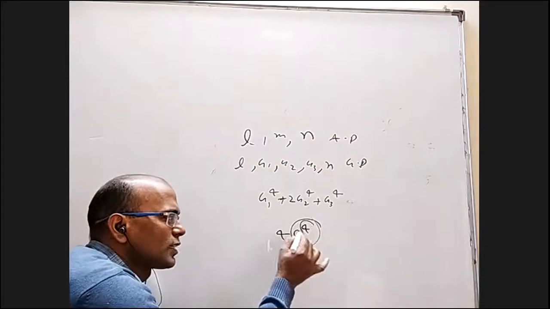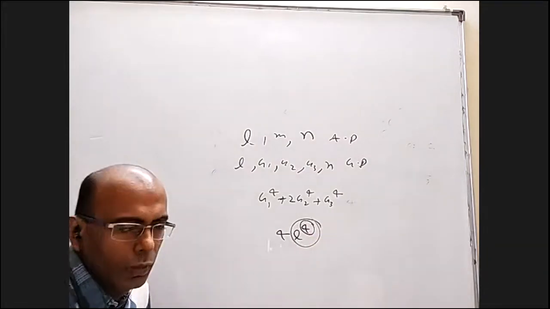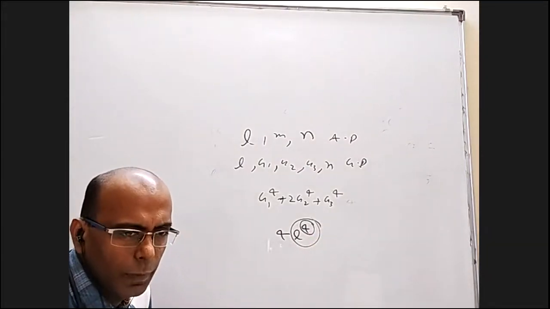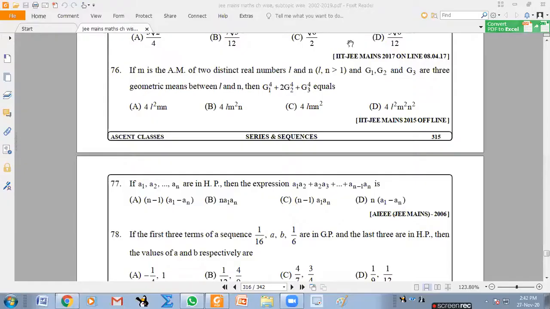Mainly, I want to see this is 4th degree. If you look at the options, this one has degree 6, so it can't be right. Am I correct? Yes, sir. All other degrees are 4. If there is a square for L, one can easily argue why not for N, because L and N are interchangeable.